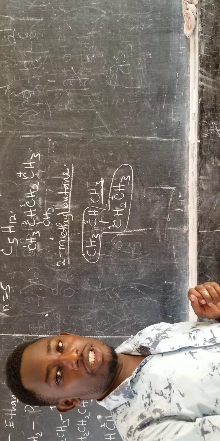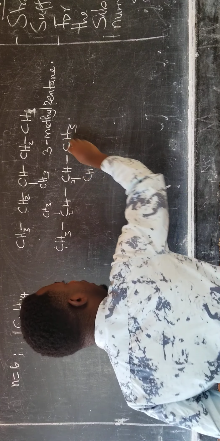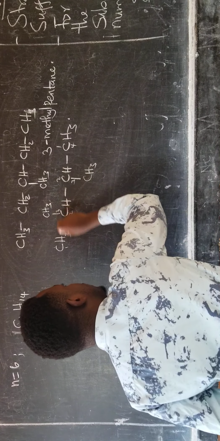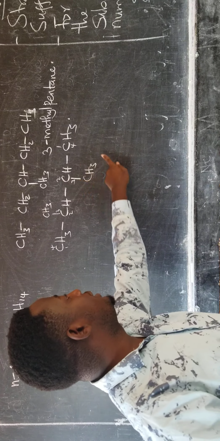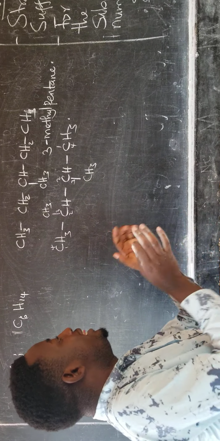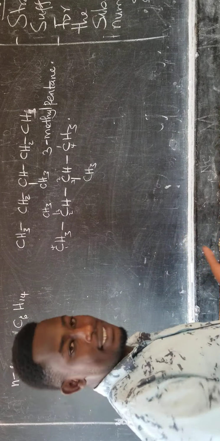So if I want to name in this case, I'm going to start counting my carbon atoms. I have to give them numbers so that I can identify the position of the branches. If I start from here 1, 2, 3, 4. If I start from here 1, 2, 3, 4. Which numbering am I going to take? I'm going to take the numbering such that the positions of the branches have the smallest summation.